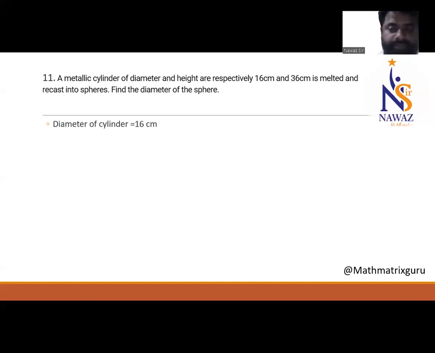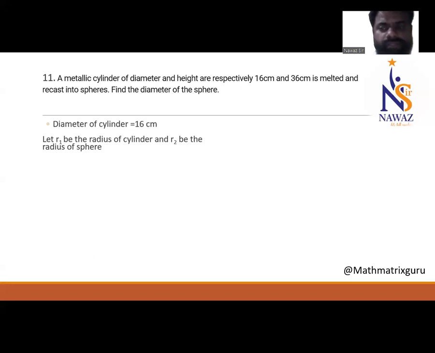So let's see, the diameter of the cylinder is given, that is 16 centimeter. So let R1 be the radius of the cylinder and R2 be the radius of the sphere, as we have radius in both, the cylinder as well as the sphere.